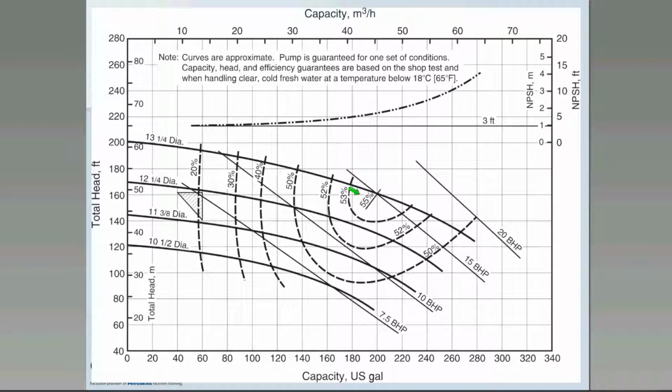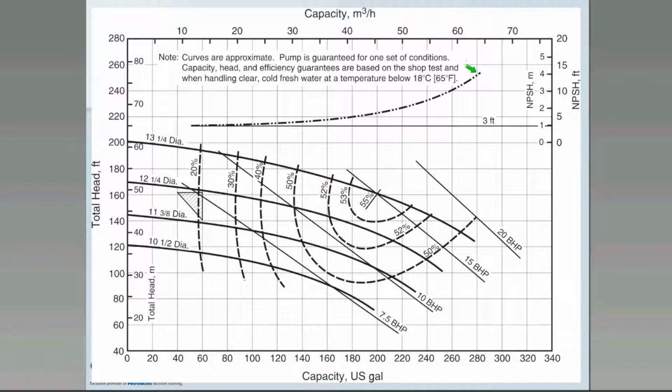The chart also illustrates the operating efficiencies, and you can see those efficiencies radiating outwards from a point known as the best efficiency point here in the center. Over on the right-hand side here, you can also see lines of constant hydraulic horsepower. So this would be horsepower ratings that would be transferred back onto the driver. This curve is very useful for us in the troubleshooting process, of course.